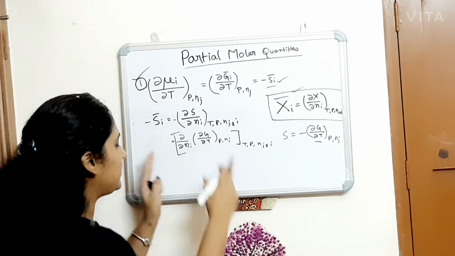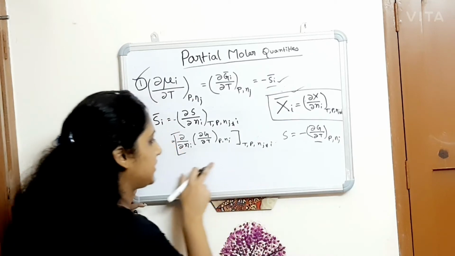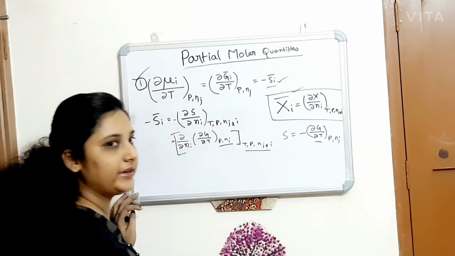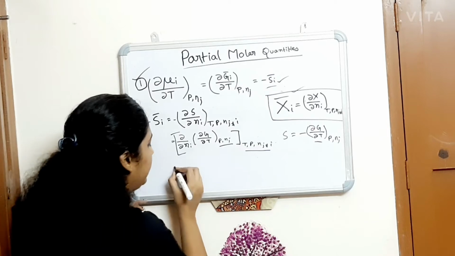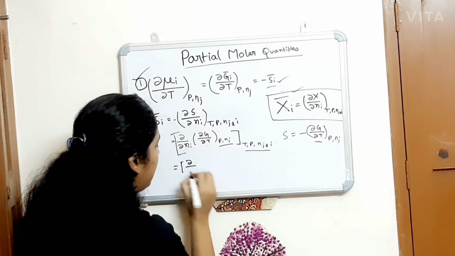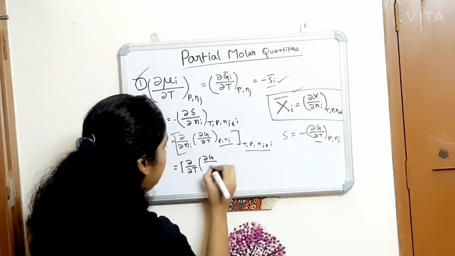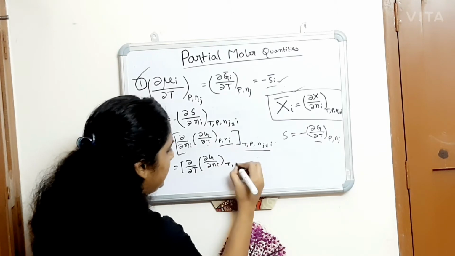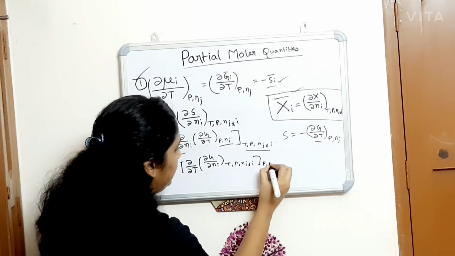So the trick is here. For this type of relation, we can exchange the constant terms. You can write this expression like ∂/∂T of ∂G/∂nᵢ at constant T, P, nⱼ ≠ i, at constant P, nⱼ.